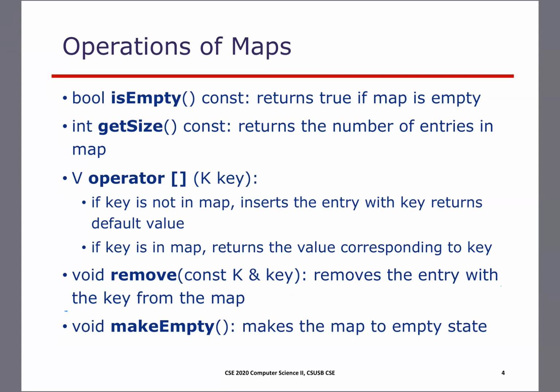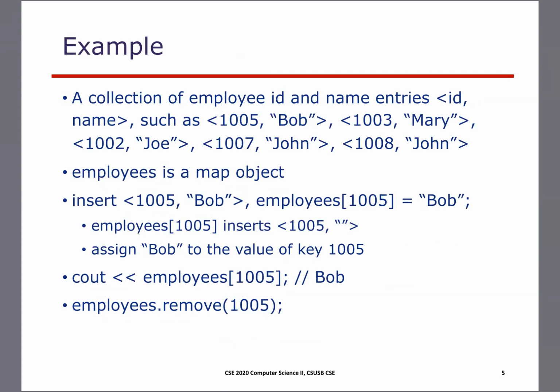Okay. Now let's take a look at an example. Now we have a collection of employee entries. In the employee entries, we have the ID and name. We use ID as the key. We use name as the value. Now we have 5 entries or 5 pairs.